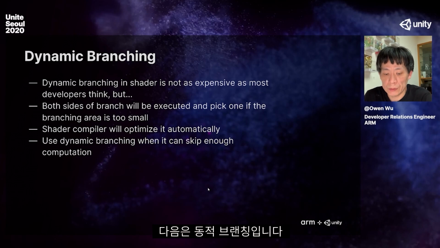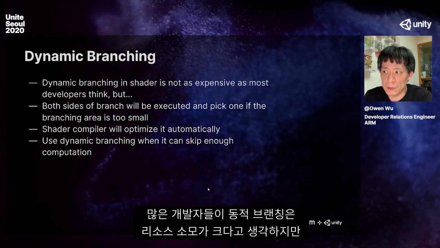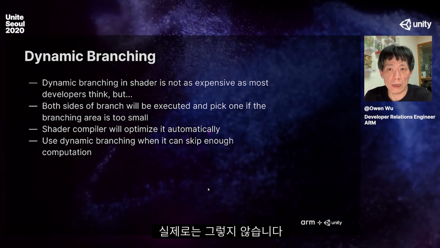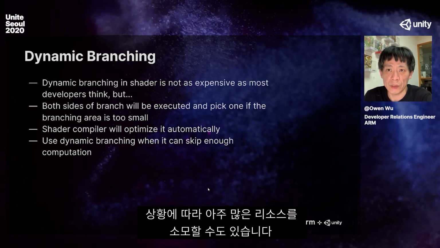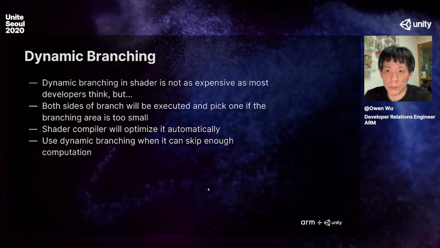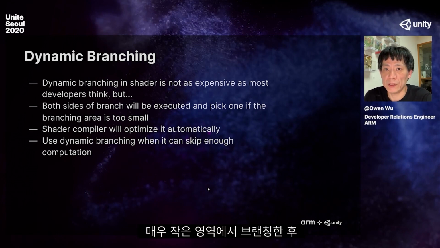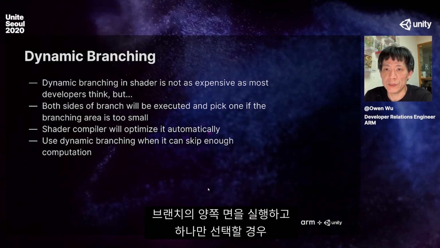Dynamic branching. Many developers think dynamic branching is very expensive, but actually it's not. But in some situations it could be very expensive, because if you are branching in a very small area, then both sides of the branch will be executed, and it just picks one.